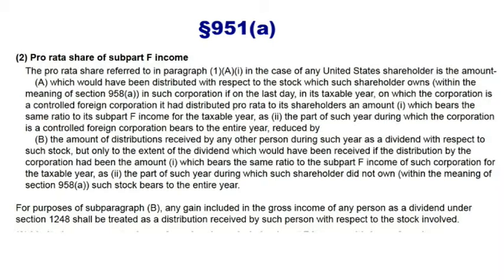The actual rule of Section 951(a)(2) is convoluted, and you should read that paragraph carefully more than once. Here's what the rule says. A U.S. person who owns enough shares to be a U.S. shareholder on the last day of the CFC's year must include an amount as Subpart F income.